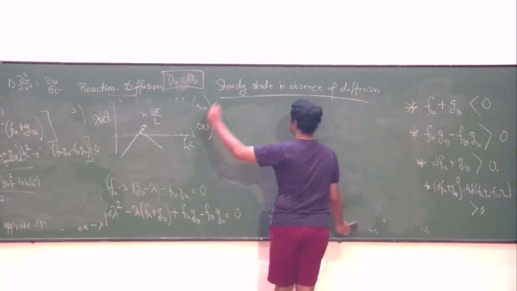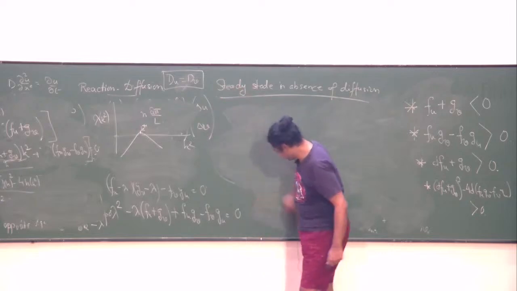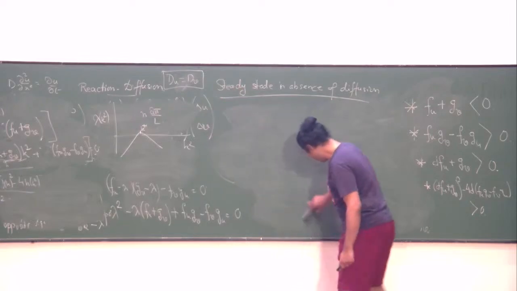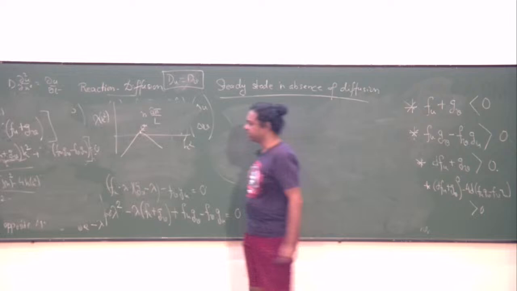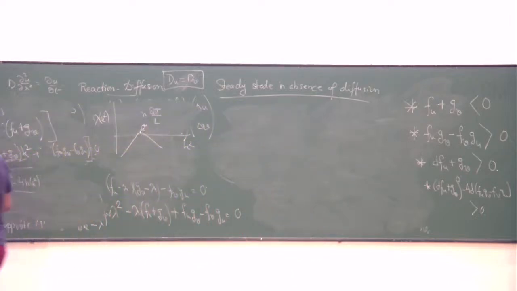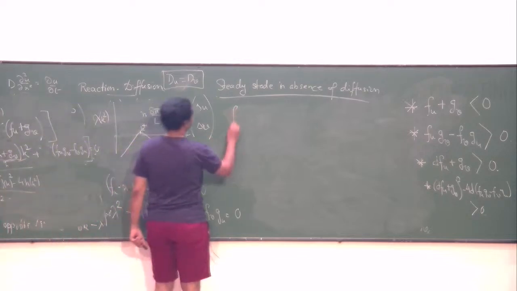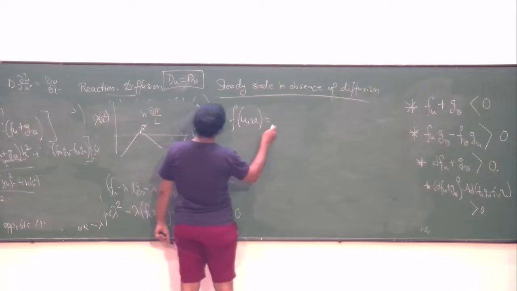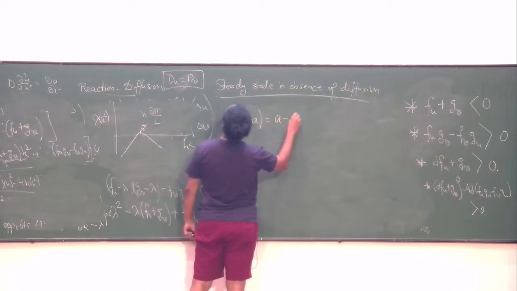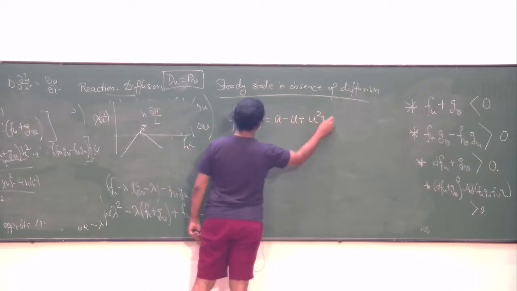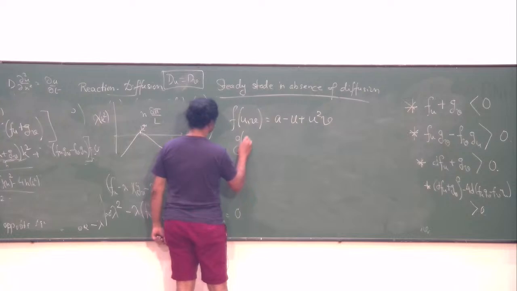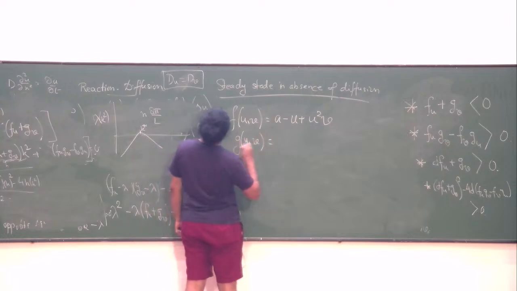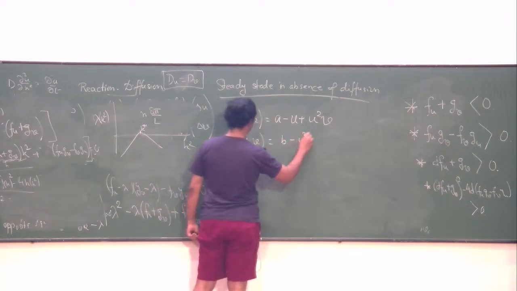I've forgotten, but I think a glycolysis reaction network is what Schnackenberg used to construct this kinetics. All right, so F of u,v is some constant minus u plus u square v, and G of u,v is b minus u square v.